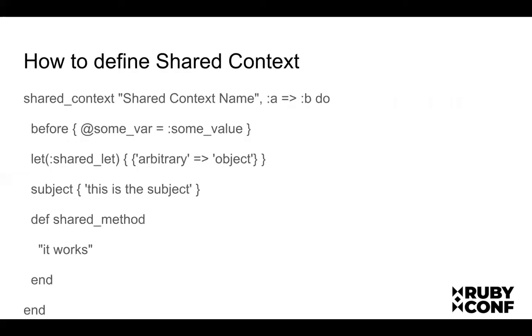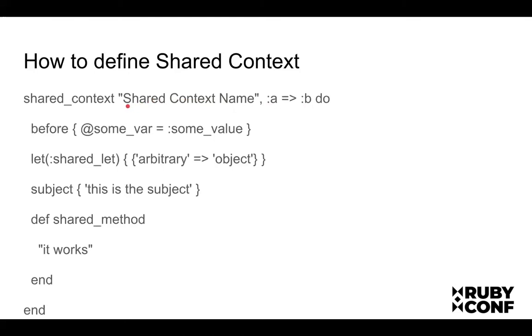So this is the syntax of how to define a shared context. A shared context is defined by adding the keyword shared_context, and here we will mention the name of the shared context. After that, we can mention metadata.